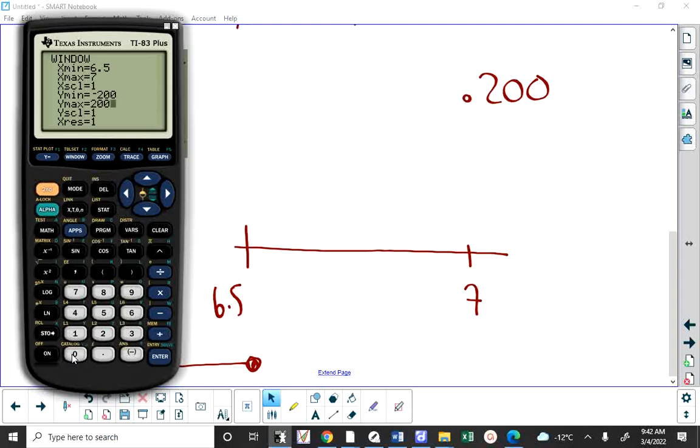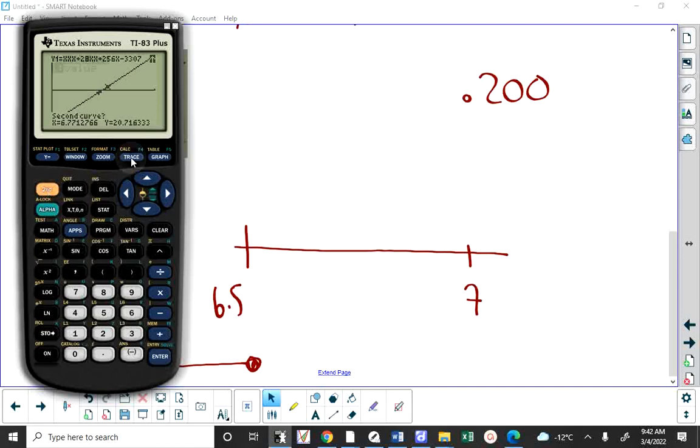You don't need to worry about the 185. And this gives me a nice, pleasant graph to look at where I can now go to my calculate menu, choose intersect, put my cursor to the left, put my cursor to the right, hit enter, hit enter.